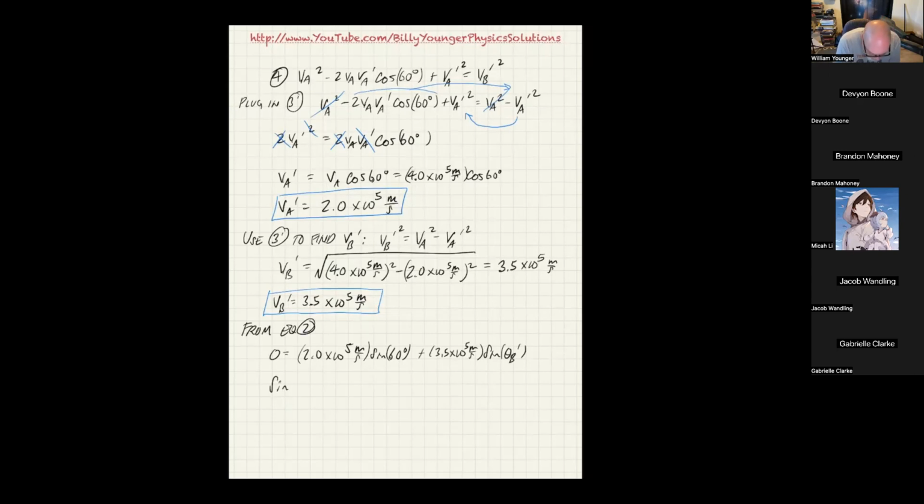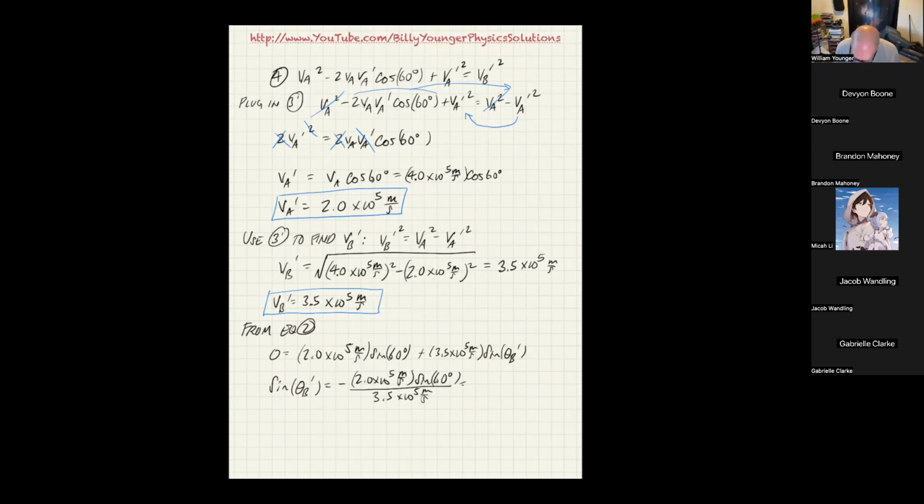So that gives us the sine of theta B prime is equal to the negative of 2.0 times 10 to the 5th meters per second times the sine of 60 degrees, divided by 3.5 times 10 to the 5th meters per second.